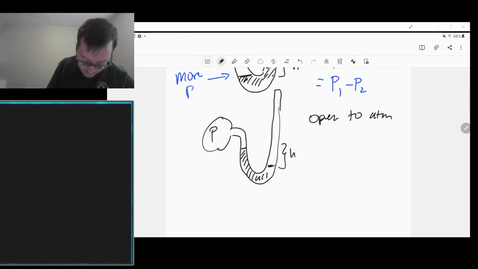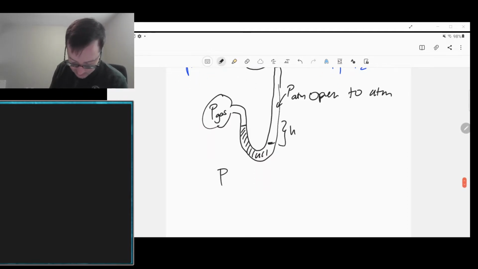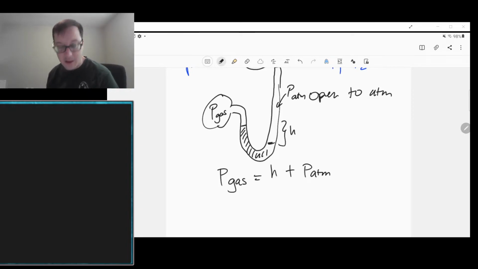This is our pressure of gas. Here is our pressure of the atmosphere. So it of course depends on which one's going to be bigger, right? But suffice it to say, the pressure of your gas will equal your height plus the pressure of the atmosphere. So whatever that happens to be.